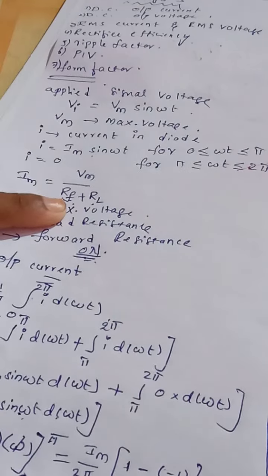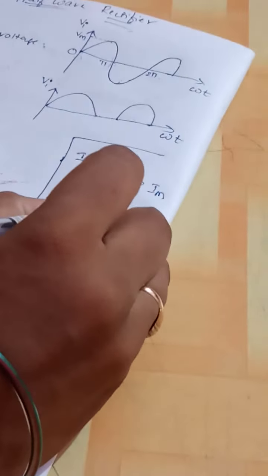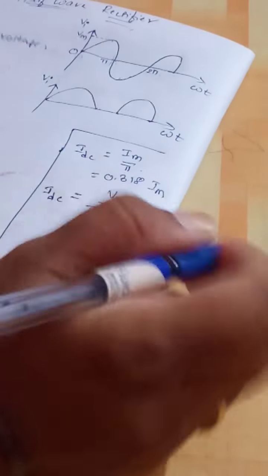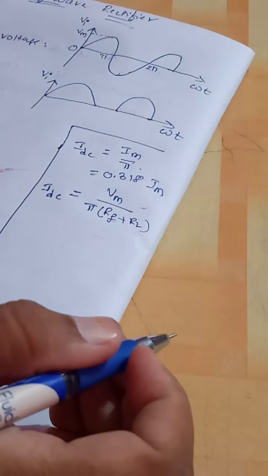If we want to write this in terms of voltage, we can write IDC is equal to Im, which I said is Vm by Rf plus RL, with pi there.